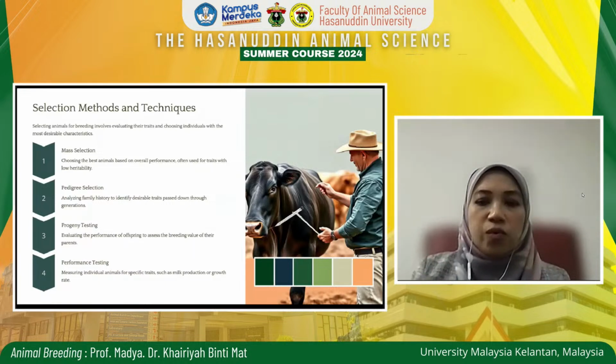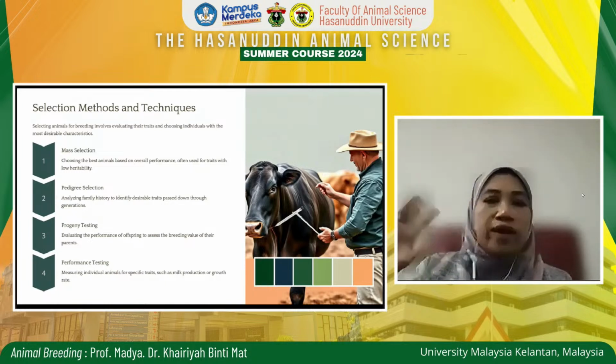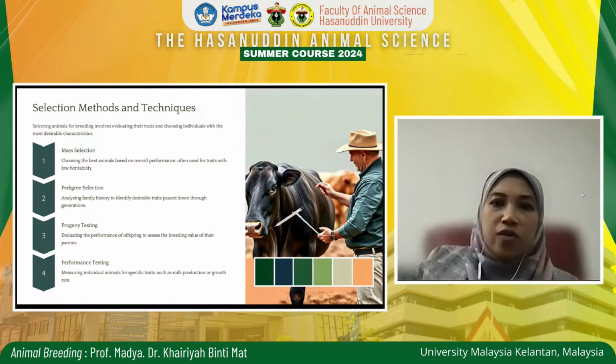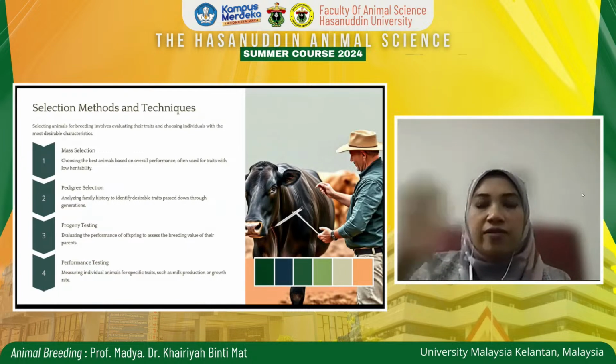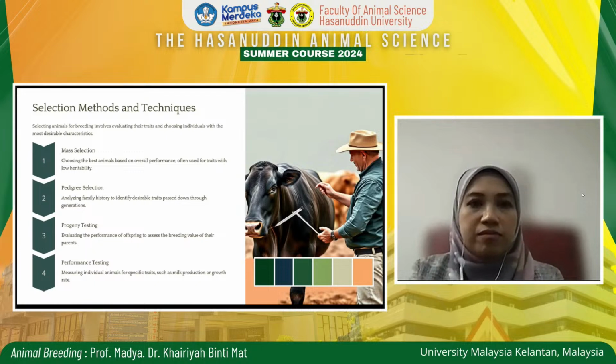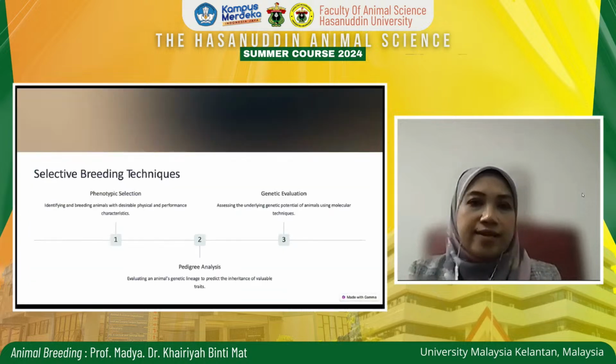When we talk about selection, this is the phase where we don't conduct anything on the animal yet, but we study the animal first. We study everything about that particular animal before we select and decide.